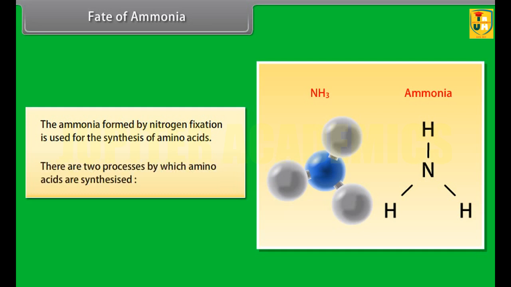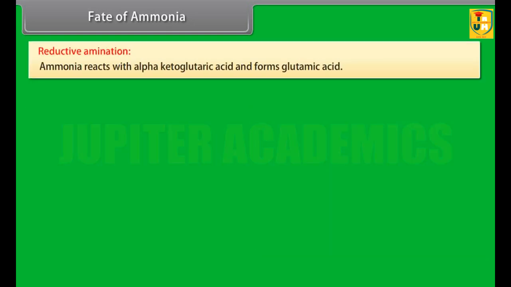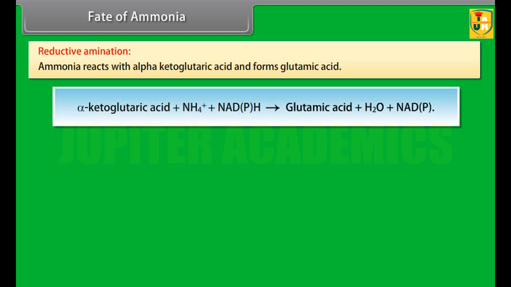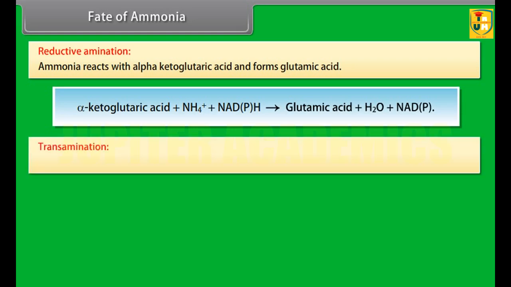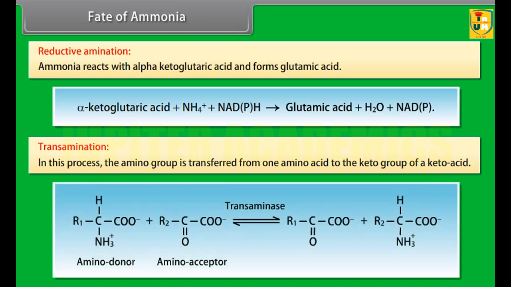There are two processes by which amino acids are synthesized. Reductive amination: ammonia reacts with alpha-ketoglutaric acid and forms glutamic acid. Transamination: in this process, the amino group is transferred from one amino acid to the keto group of a keto acid.